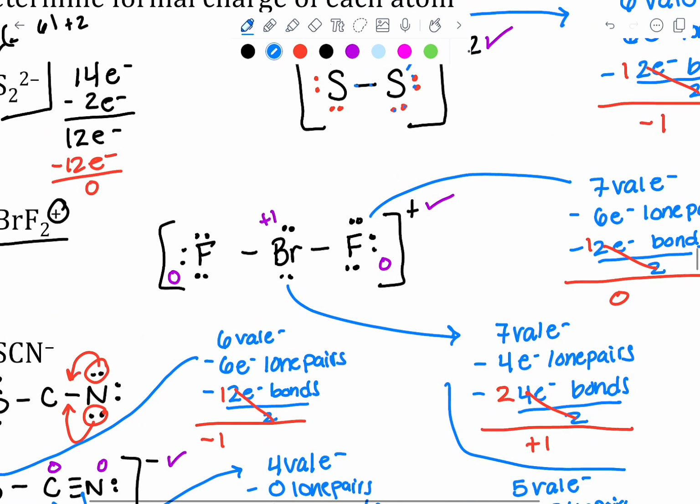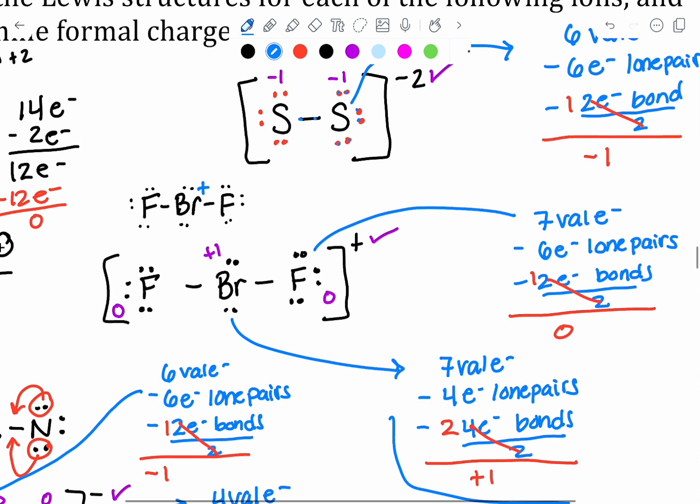For something like the BrF2, we would show it as F, Br, F, with some lone pairs on the Br, and since the bromine had the +1 on it, we would put the plus right on the Br instead of putting it in brackets.